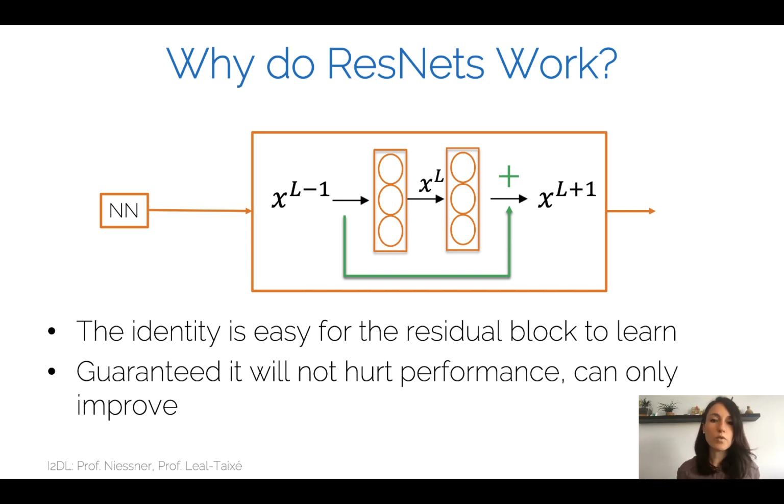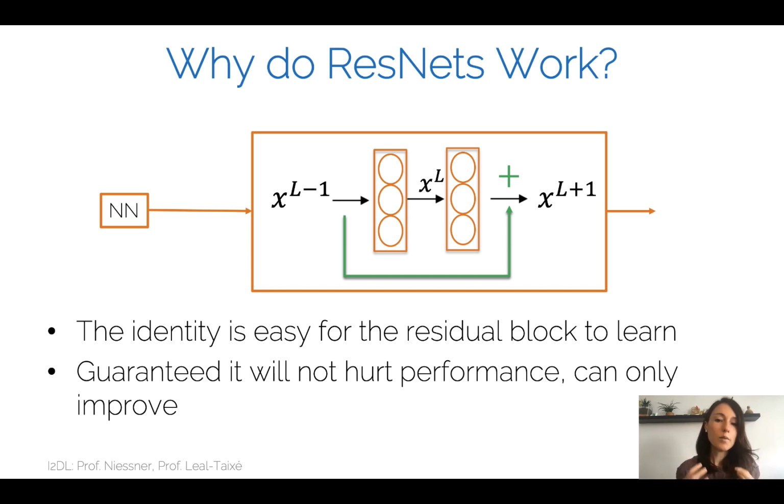It can only improve. Because if the weights of this neural network make it worse to have X_{L+1} as an output than X_{L-1}, so basically these two layers are making everything worse, I can always set them to 0. The network can decide with gradient descent, with the training, to set them to 0 and to have the same output as the input that we had.